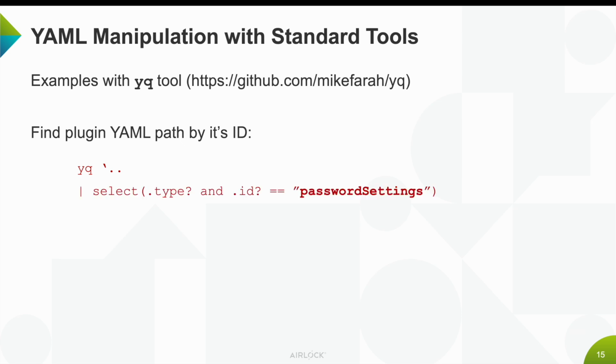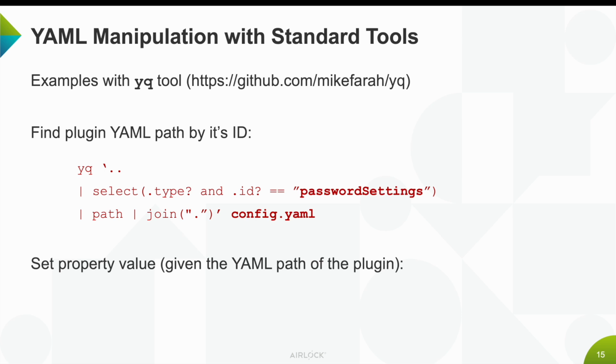And then from that, we select the YAML node which has a type and which has an ID, and the ID is equal to password settings. So this will give me the YAML part of the plugin with ID password settings. From that, I want the path, which will return an array of path elements, and I join that to a simple string using the join operator.